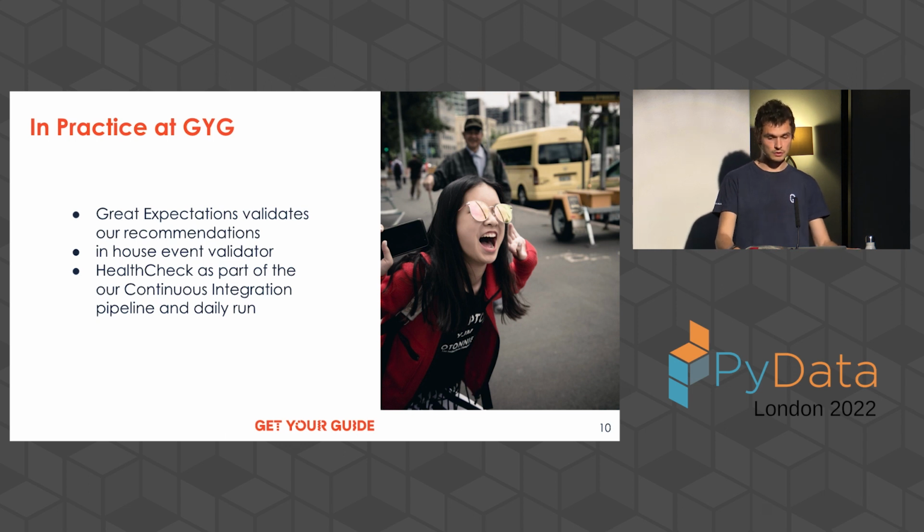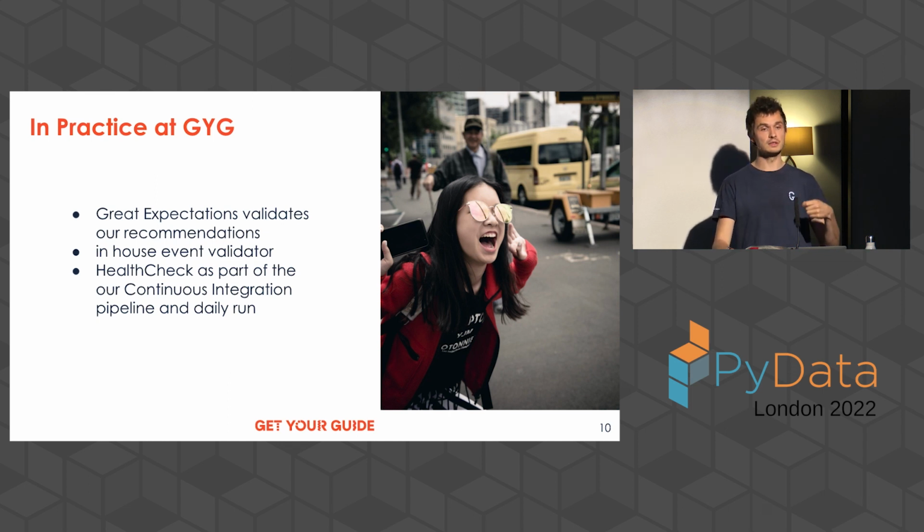We also open sourced a library to do some sampling, so that you can run this health check as part of the CI. You take the production data, you sample it, run it through your health check, and if the results are okay with the expectations that you have, then you can deploy any new version.